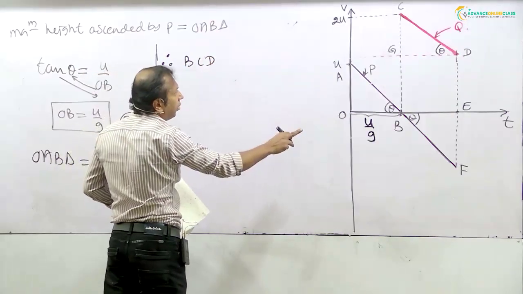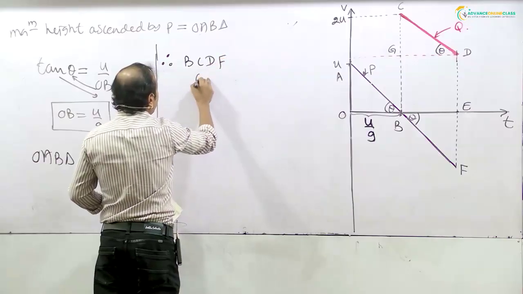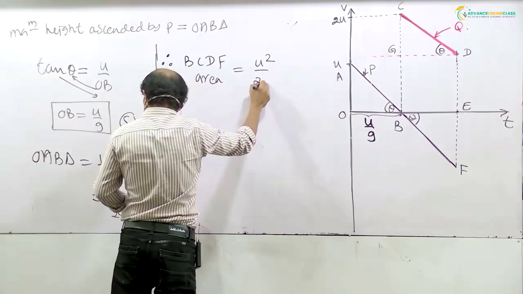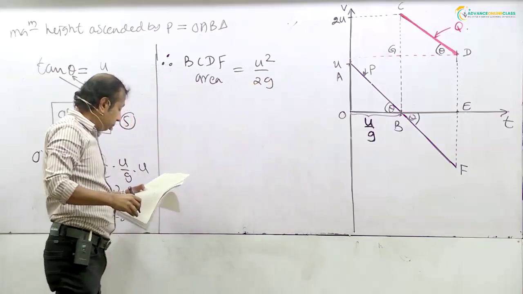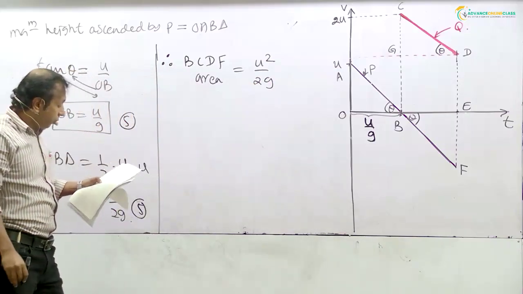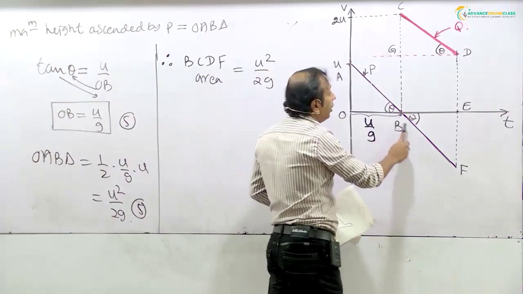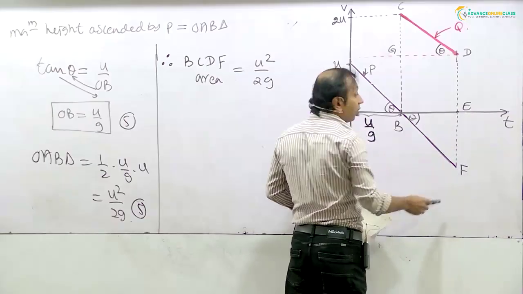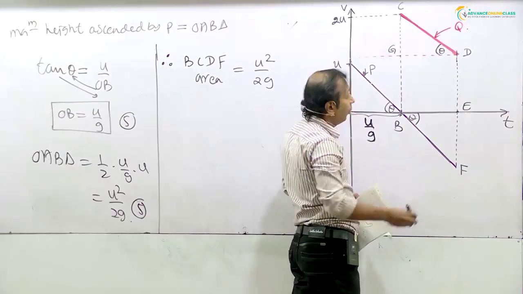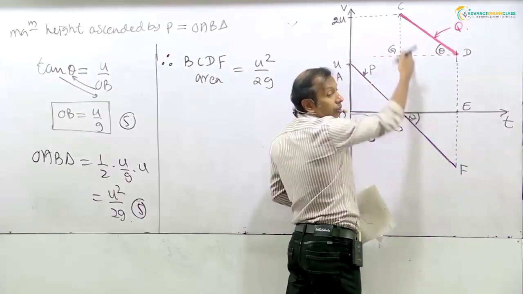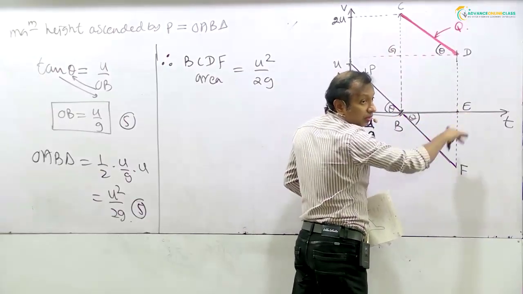Therefore, BCDF area equals U squared over 2G. People, what is this? BCDF is a parallelogram. What is this height from here to here? 2U. What is the area of a parallelogram? Base into perpendicular height.